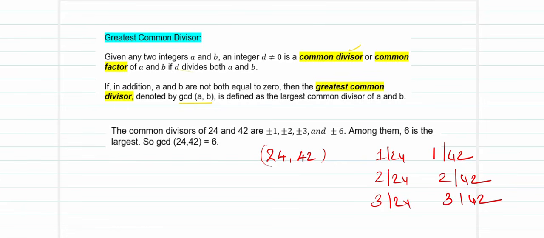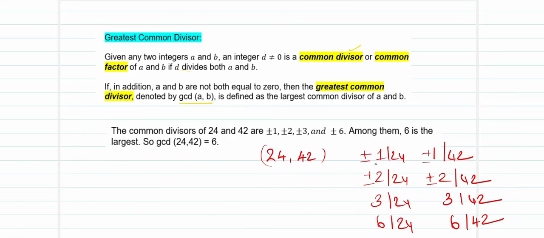Number 6, as 6 divides 24 as well as 42. Now, we can also add a plus or minus to these quantities, as both plus 2 and minus 2 divide 24 as well as 42, and all of the positive and the negative values of the quantity divide 24 and 42.